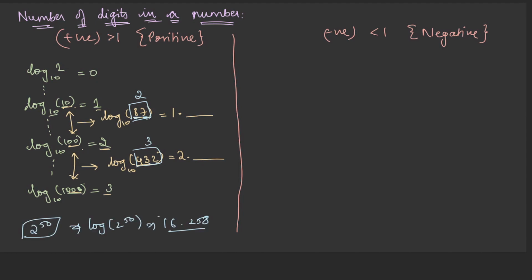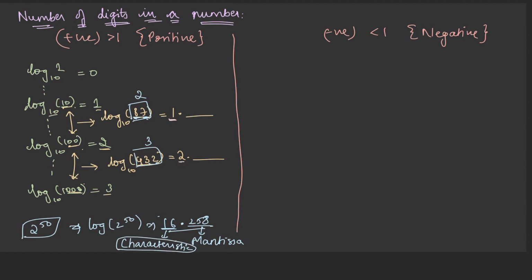I told you that the part after the decimal point is the mantissa and the part before the decimal point is the characteristic, and that we should add 1 to the characteristic.